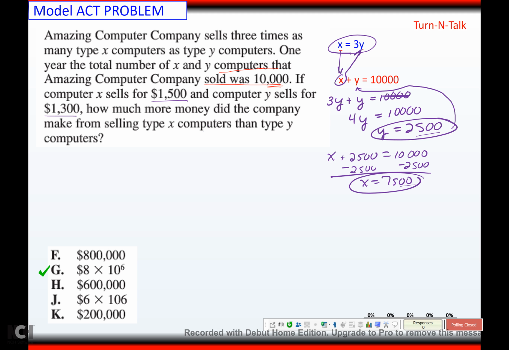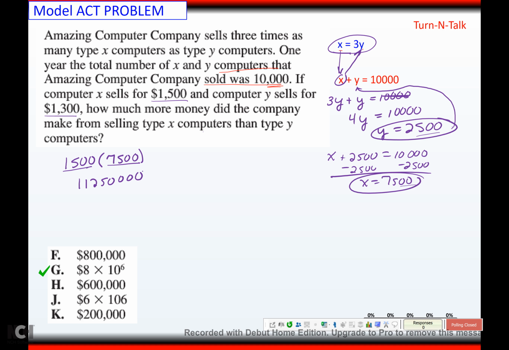Well, I have my X computers, that's 1,500 times 7,500, because I'm selling 7,500 computers at 1,500 each. Okay, so that money is going to give me 11,250,000.